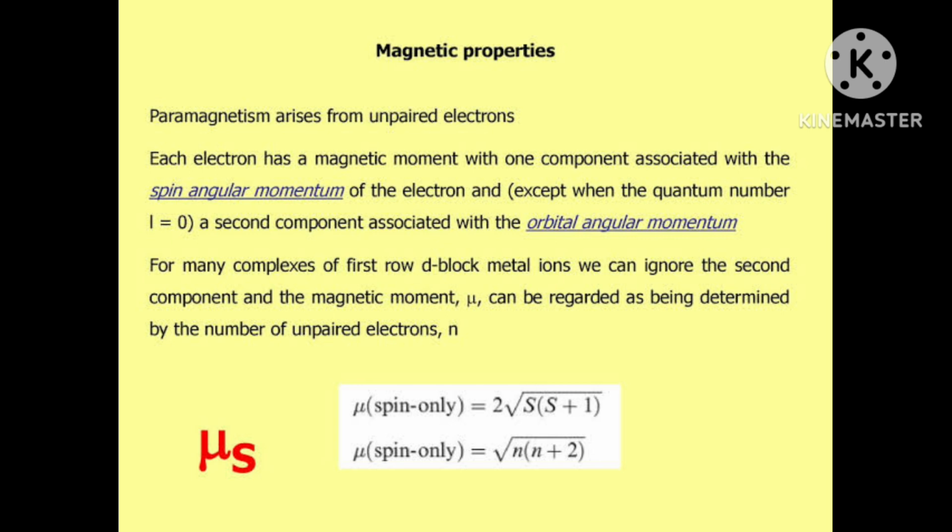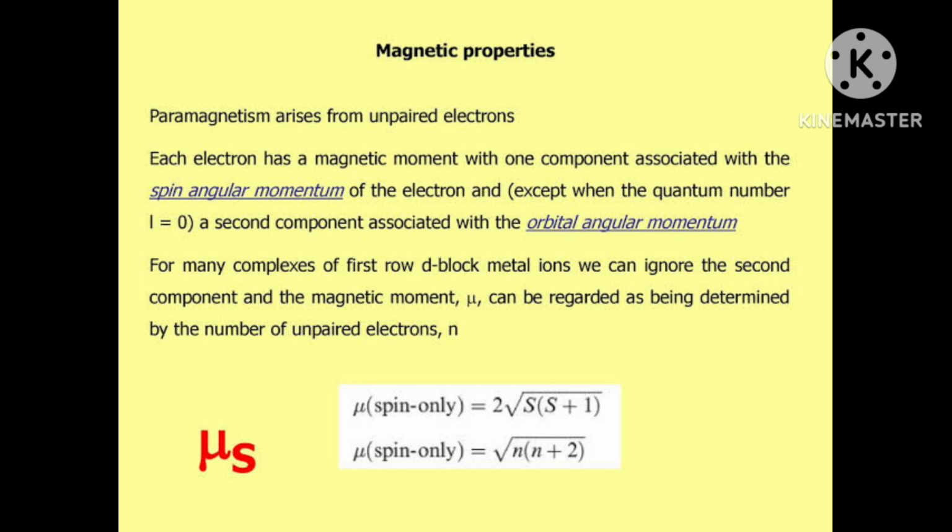As for example, [Mn(CN)6]3- has a magnetic moment of 2 unpaired electrons, while [MnCl6]3- has a paramagnetic moment of 4 unpaired electrons.